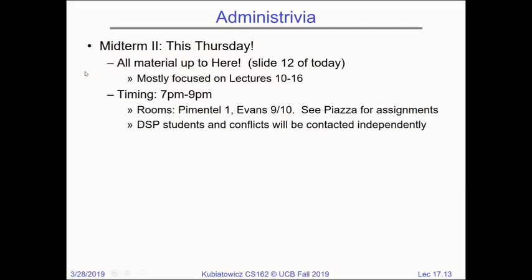All material up to this point in the slides, mostly focused on lectures 10 to 16. Timing is 7 to 9. I'm assuming everybody who has conflicts has already interacted with our head TA, and he's told you something about where we're doing the conflict exam. DSP students, if you haven't heard from me yet, you will very shortly. But I don't know. Are there any other questions about the midterm?